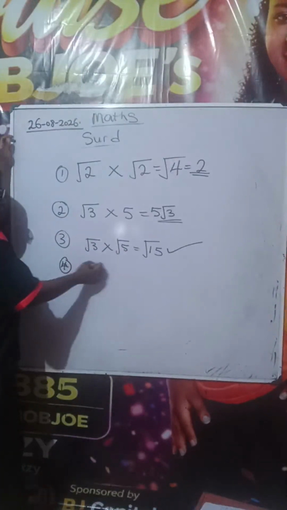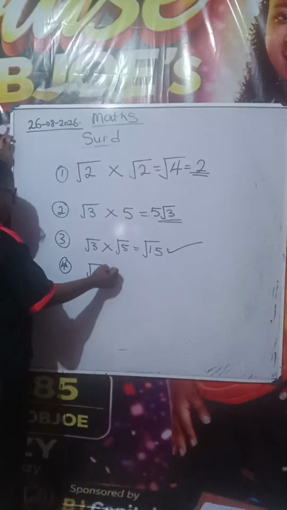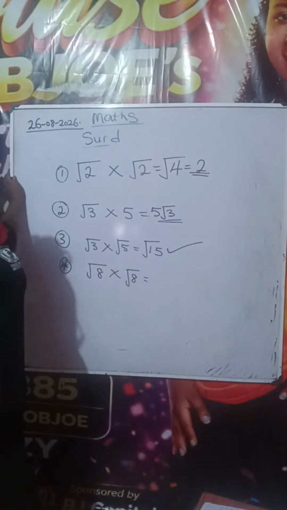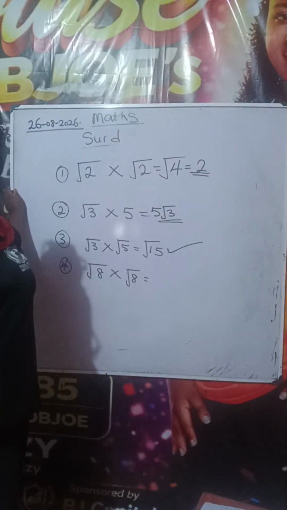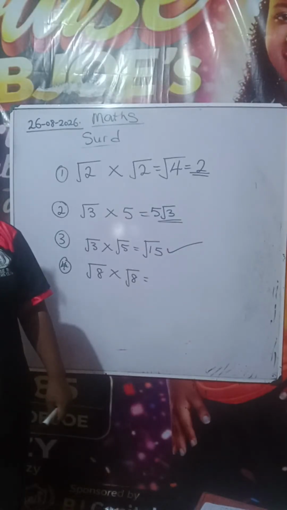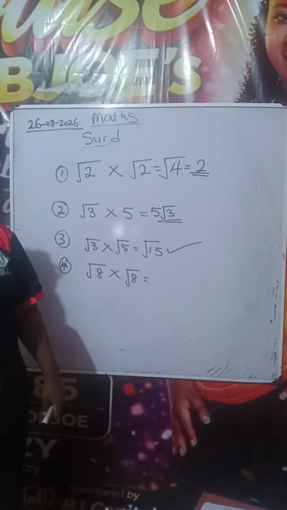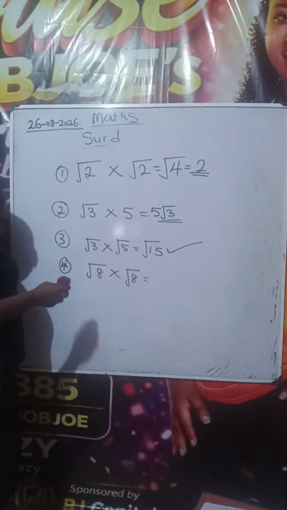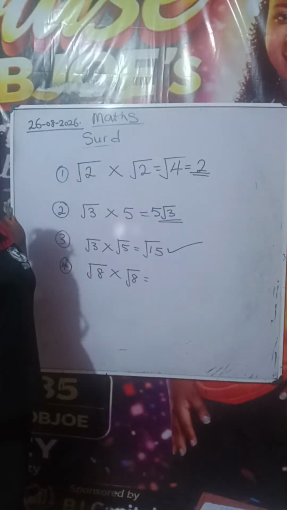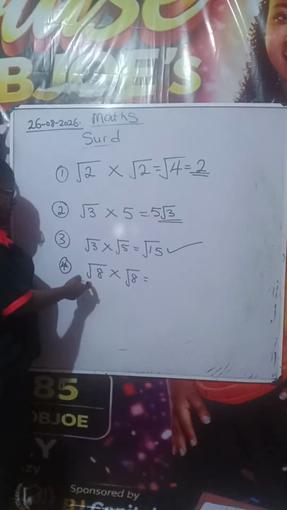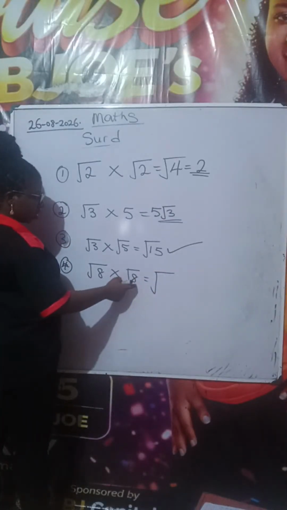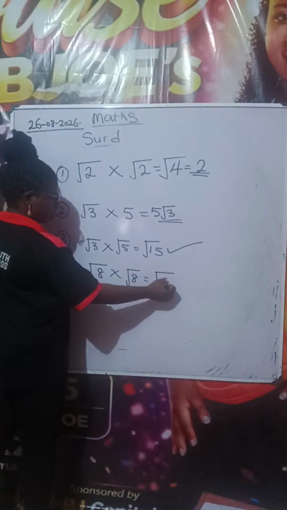Number 4. When you have root 8 multiplied by root 8, what is the answer if the number is the same? Both of them are carrying a square root, so put one root and do 8 times 8, which gives you 64.